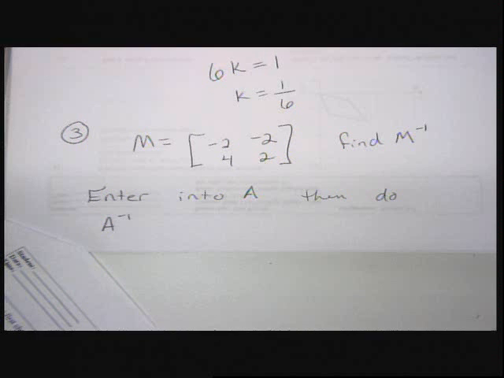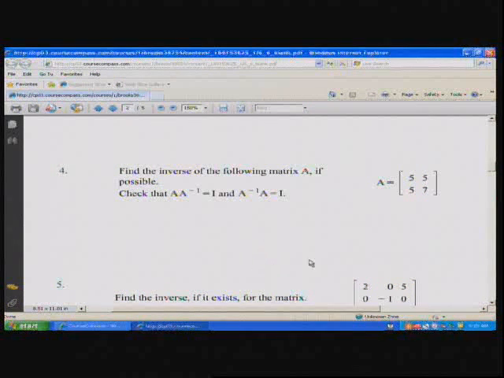Okay, so number 4 then, choice 4, they want you to find the inverse of 5, 5, 5, 7. So we will have a race for number 4. So can y'all see number 4 there? I want the inverse of this matrix. 5, 5, 5, 7.